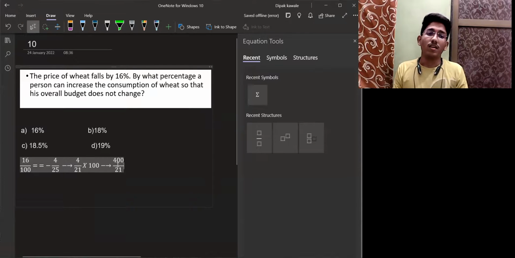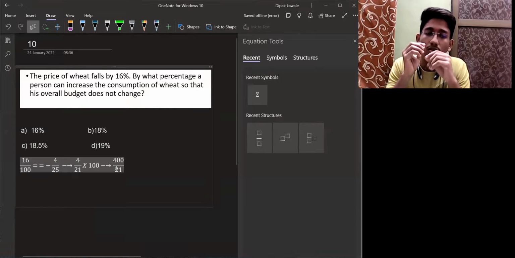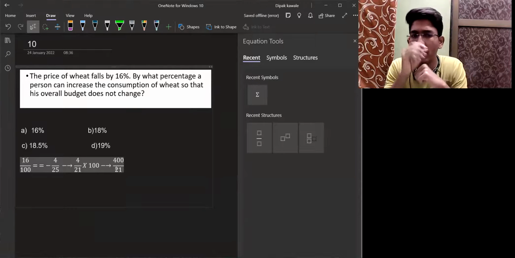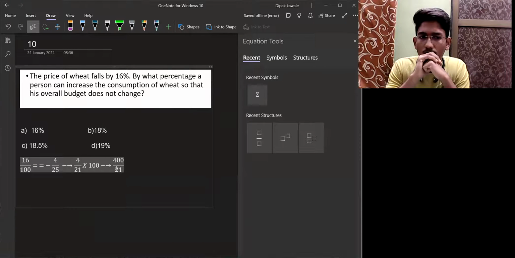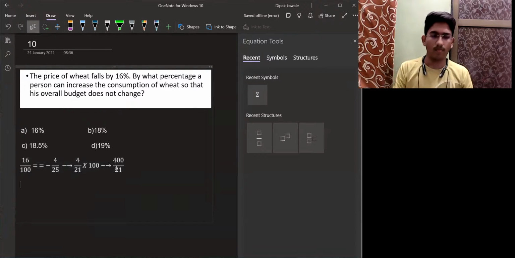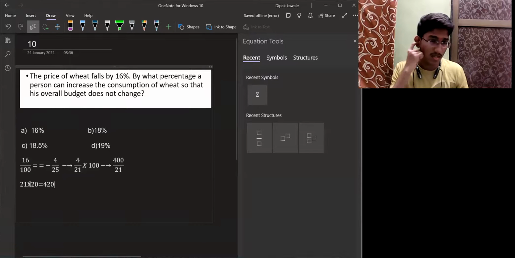Now you have to simplify this calculation by yourself. How do I see this problem? What is the closest value of a multiple of 21? I can see that 21 multiplied by 20 is 420.